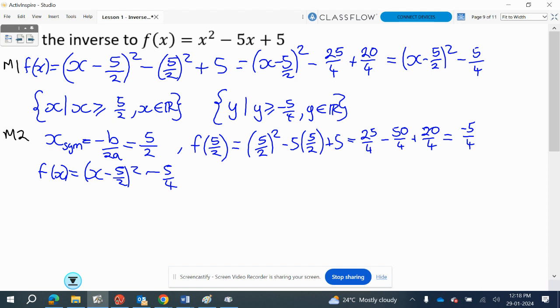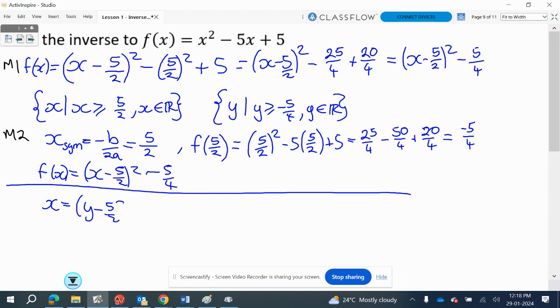Okay, you need it in vertex form to find the domain. You need it in vertex form to find the inverse, because it's quite easy to find the inverse. So after you've done that, you want to do the switch so that x is equal to y minus 5 over 2 squared minus 5 over 4.